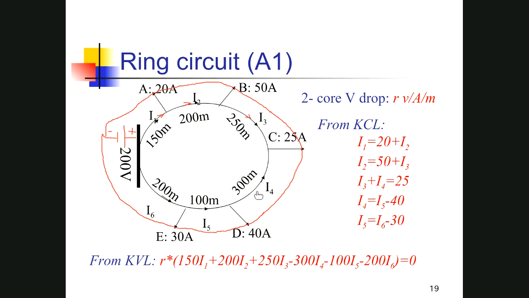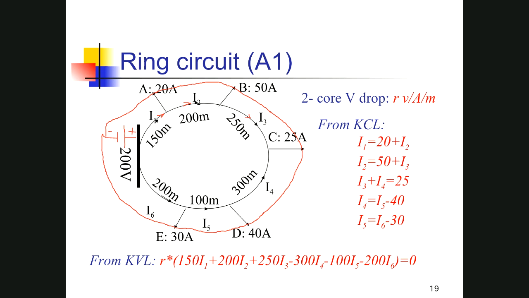On the cable between D and C, there is a current in the inner core from D to C, hence a current I4 in this direction. Remember, once you assume the current direction, you suppose the current flows from high potential to low potential side. So when you write the equations, you use these assumptions.